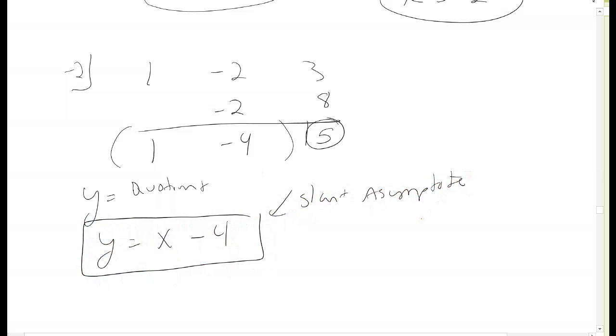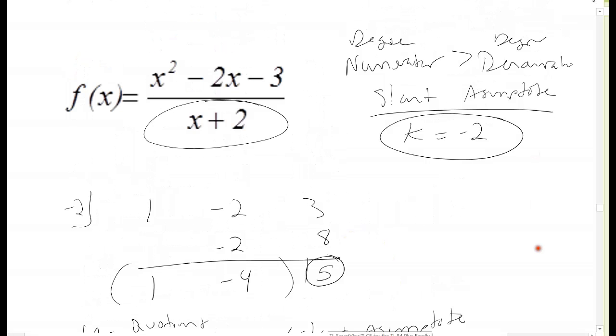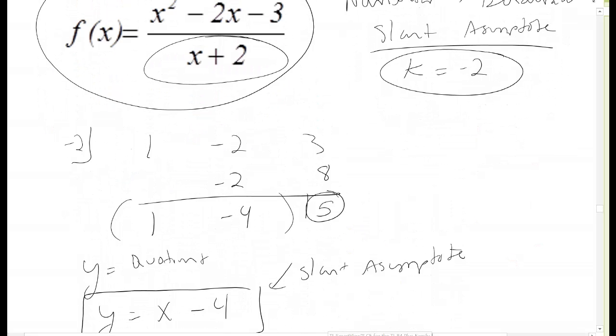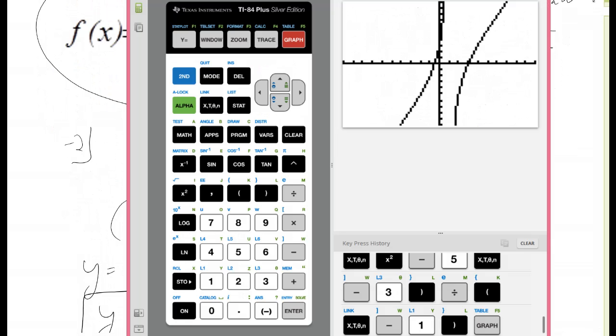If you graphed it, and actually I might go ahead and graph this one for you. I'm going to graph both the original and the slant asymptote, to show you that it is the case.